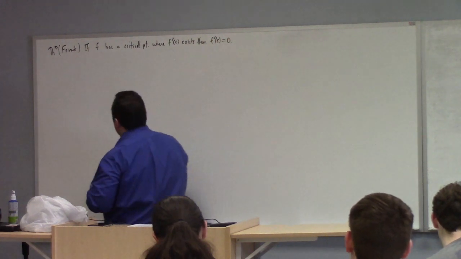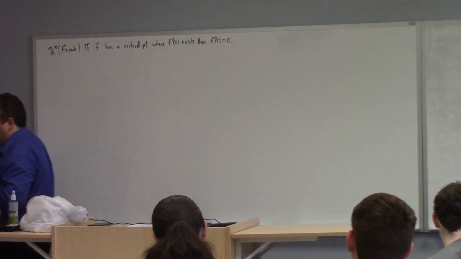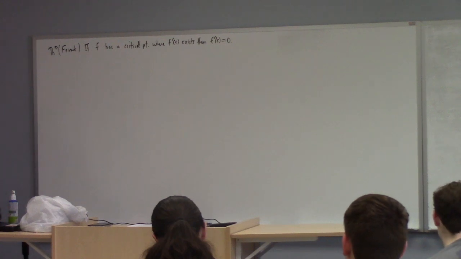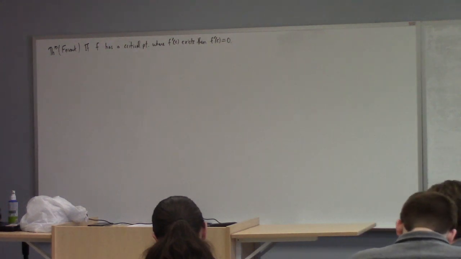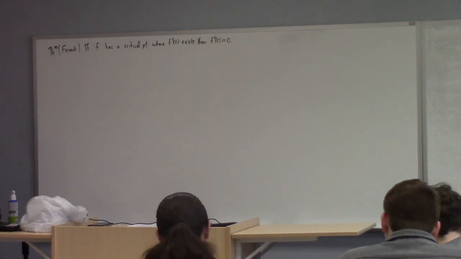So in short, Fermat's theorem says that if you're looking for critical points, then looking for where a derivative is 0 is a good idea, right?